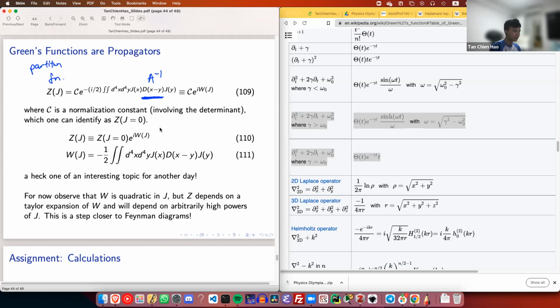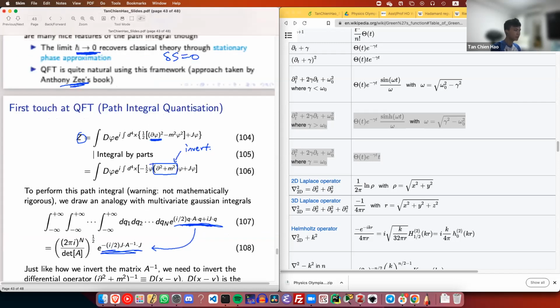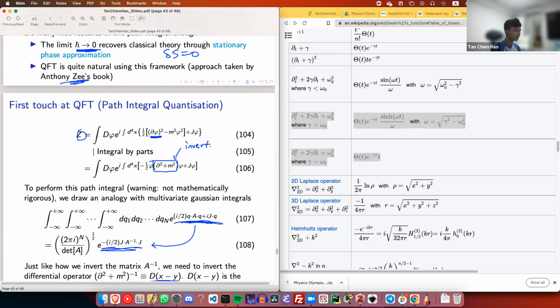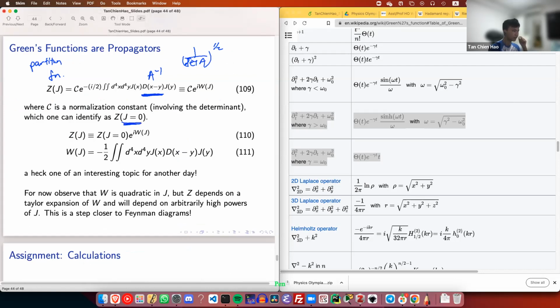Yeah. So the normalization constant over here, right? The determinant, remember we saw something over determinant of A and then the whole thing like square root or something. This normalization constant turns out to be Z of J equals 0, because it's just equivalent to removing the J terms over here.